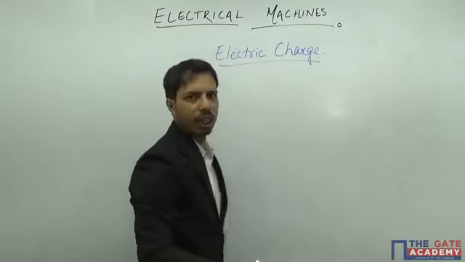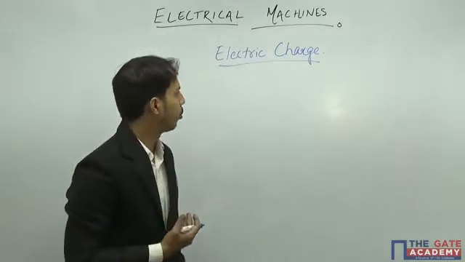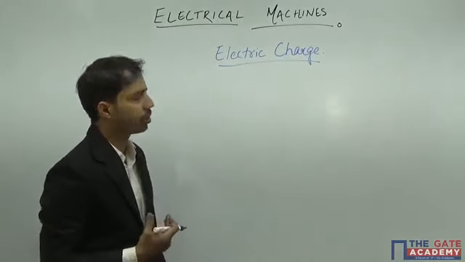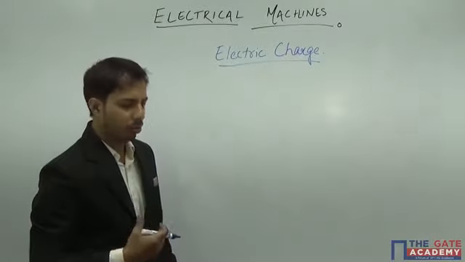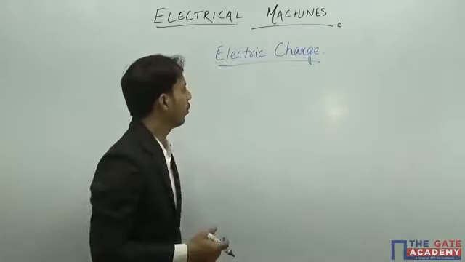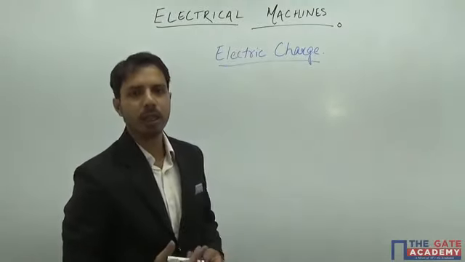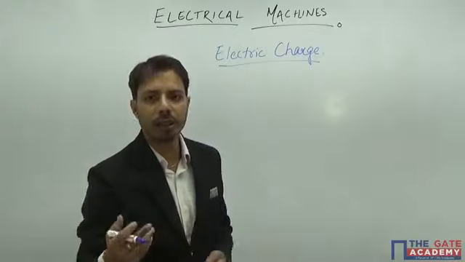Now what is electric charge? We have heard this particular term, electric charge, from say class 5 or 6 or 7. Okay, we have heard about this topic. We have heard about atoms, and we know that atoms are made of different types of particles.